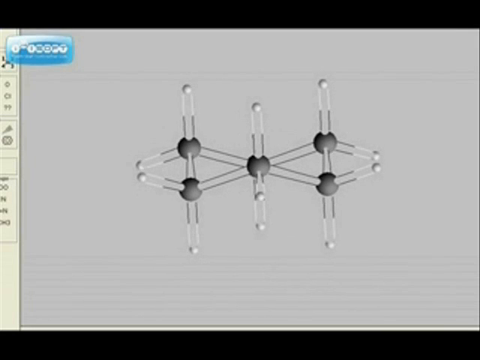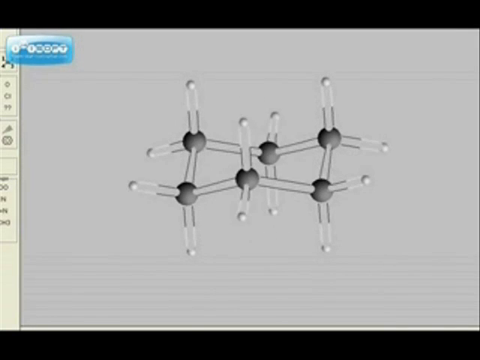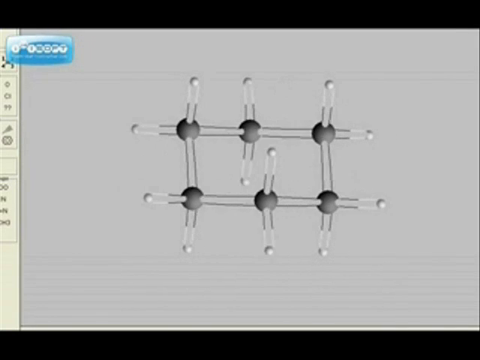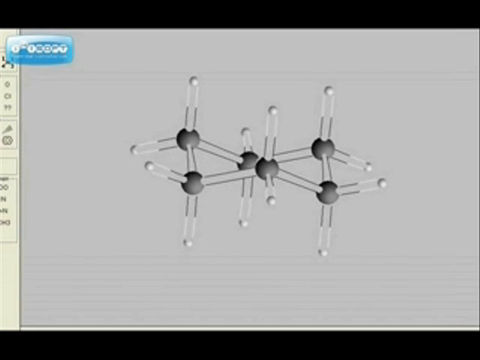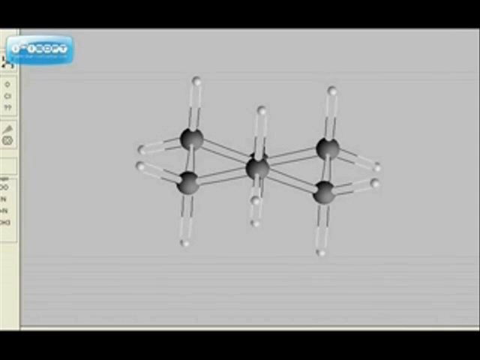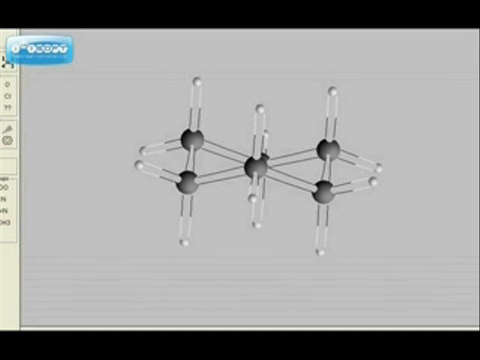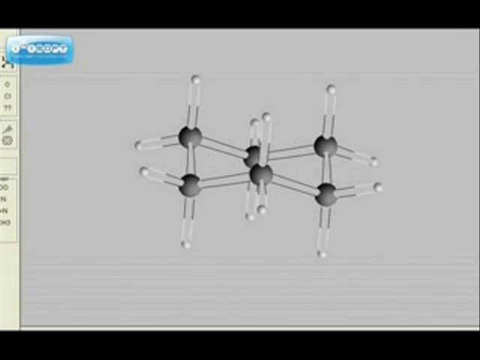Alright, now you can see that each carbon has taken this tetrahedral geometry as strongly as possible. And this is what we call the chair conformation of cyclohexane, and it's the most stable conformation of cyclohexane, where each bond angle is as close to 109.5 degrees as possible, and they're actually at 111 degrees in the cyclohexane chair conformation, which is pretty close to the optimal geometry that each carbon wants to take.